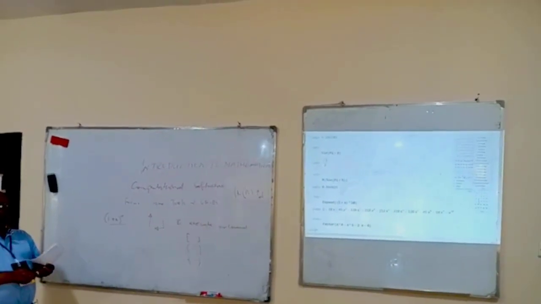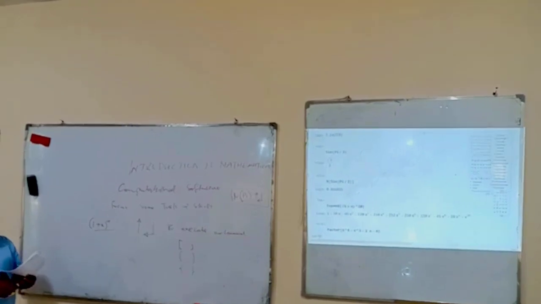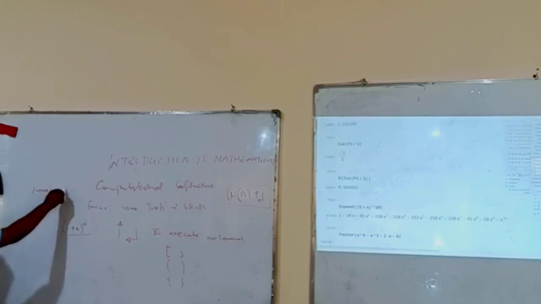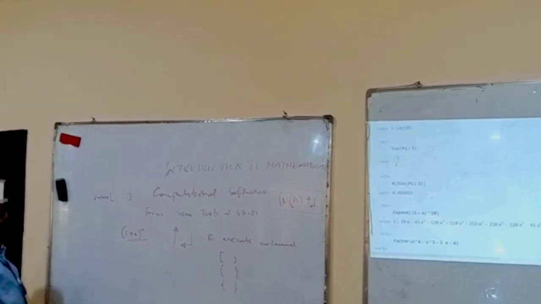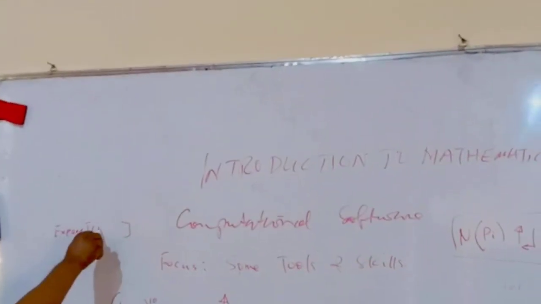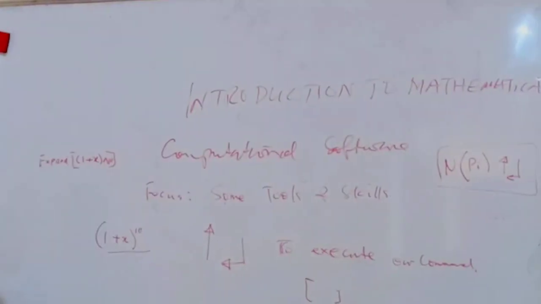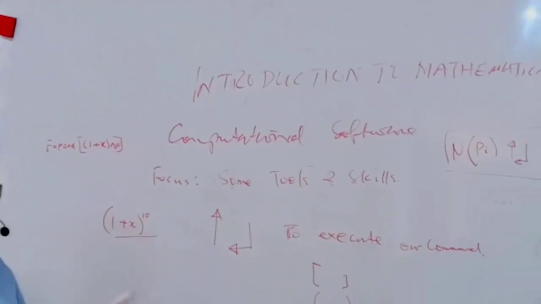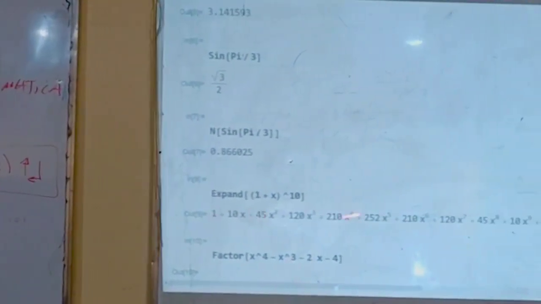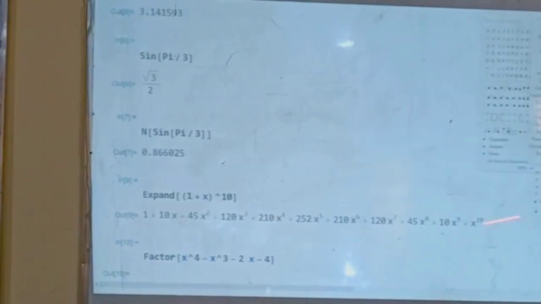Expansion is an inbuilt function. So I will look at this. Expand. What am I expanding? It should be enclosed in this parenthesis, which means I must define my 1 plus x raised to power of 10. And I execute. This is exactly what that gives you in less than a second, depending on the speed of your computer.